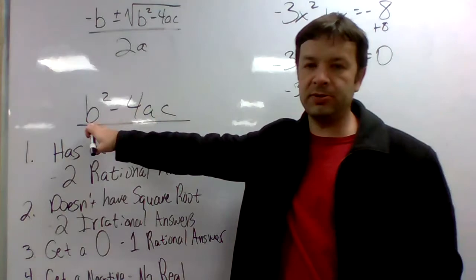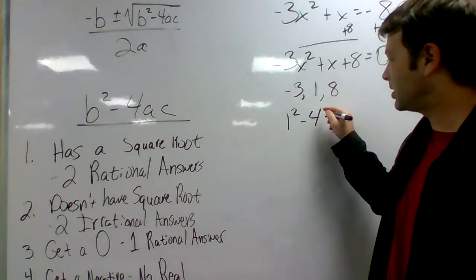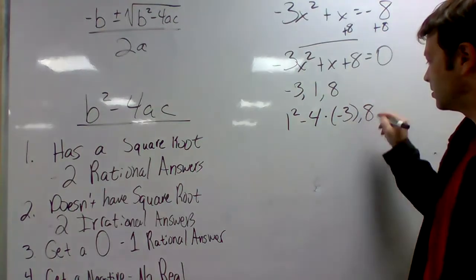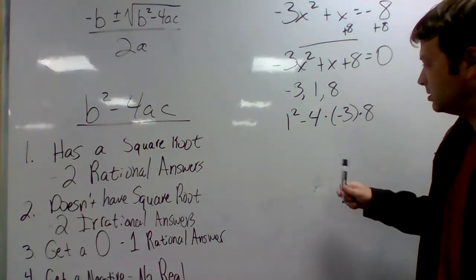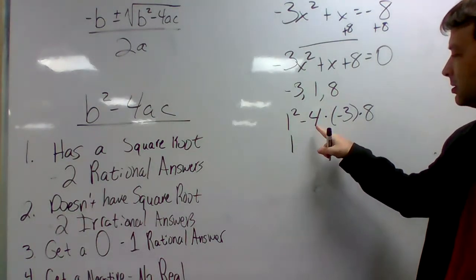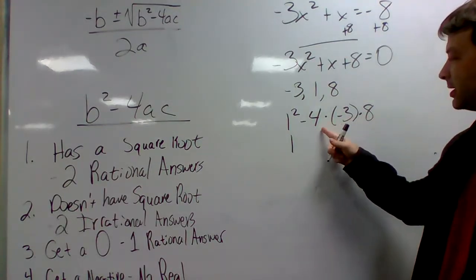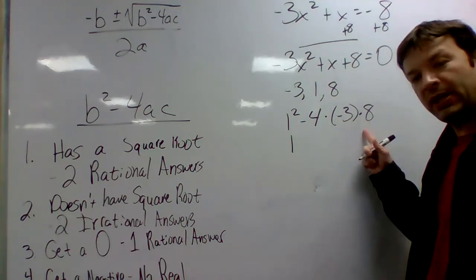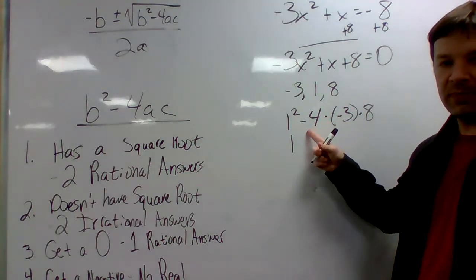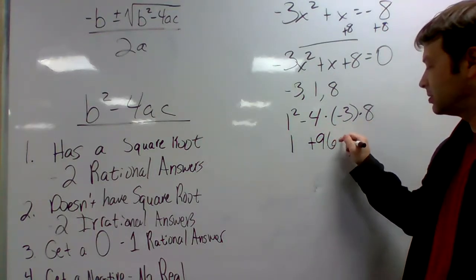Now I can see my a, my b, and my c right there. Now I'm going to plug those in. b squared would be 1 squared minus 4 times a times c. 1 squared is 1. 4 times -3 times 8. 4 times -3 is -12. Times 8 would be -96. But if you're minusing -96, it's actually a plus 96. So that'd be 97.